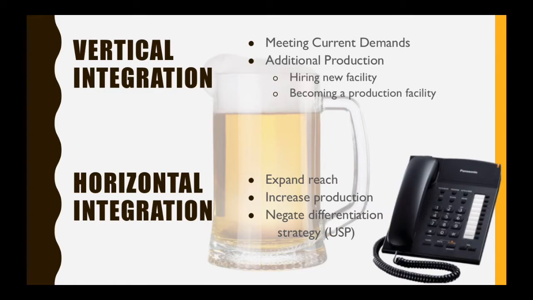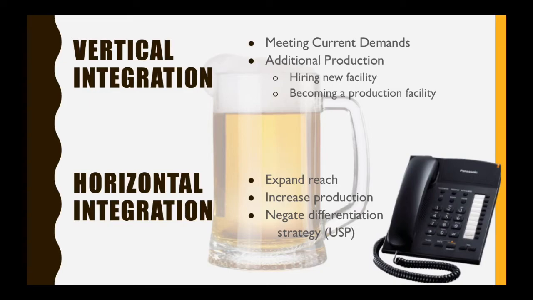The next type of growth strategy is horizontal integration. The idea behind horizontal integration is expanding your reach, expanding the markets you're in, and this can lead to an increase in production. The expanding of the reach can be both market segments, so you can be going after specific segments, or you can go after geographic locations. So you can physically expand, or you can expand within the marketplace.